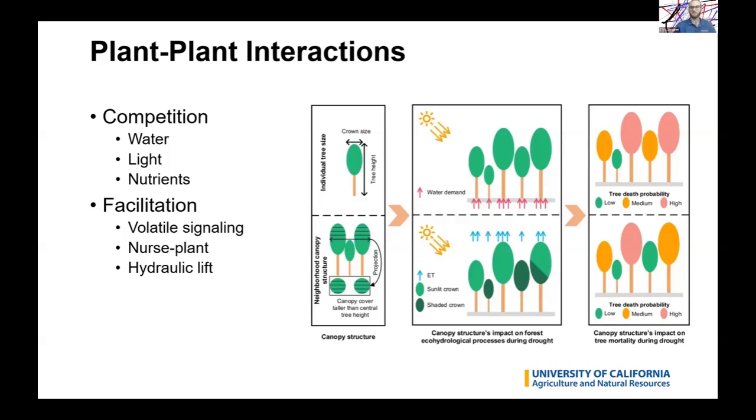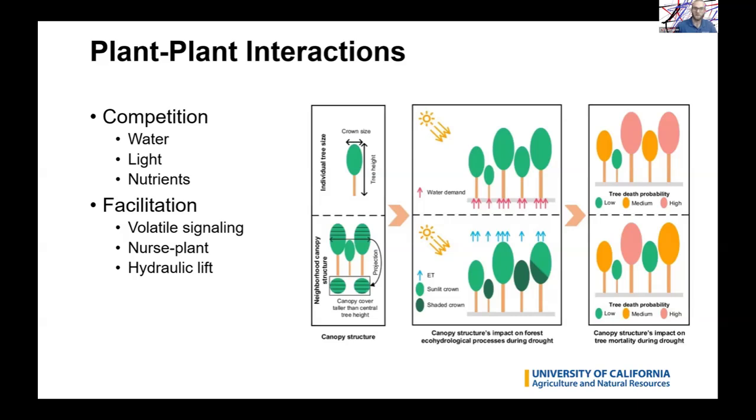So under these low water conditions, a bigger tree is actually going to suffer more drought stress than a smaller tree, because that bigger tree needs a lot more water. It's going to go through its carbohydrate storage a lot quicker than a smaller tree, just due to its size.